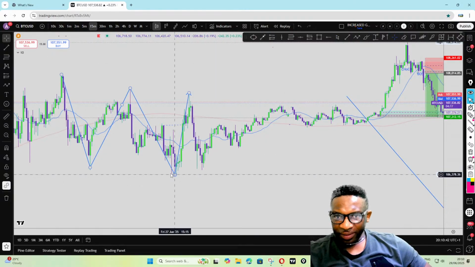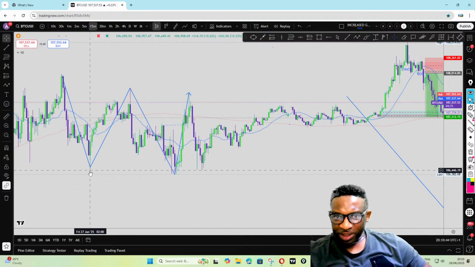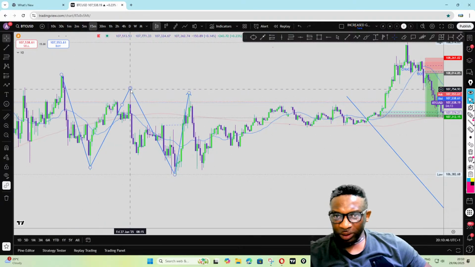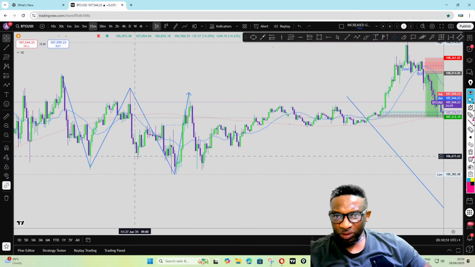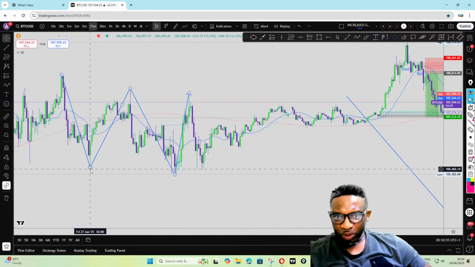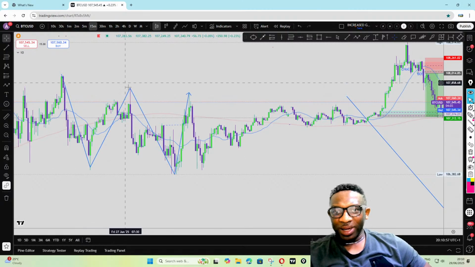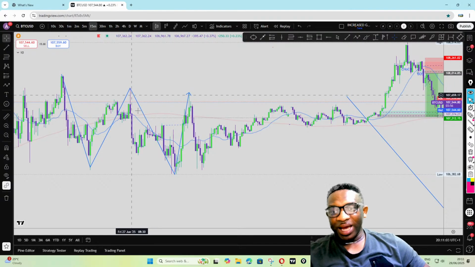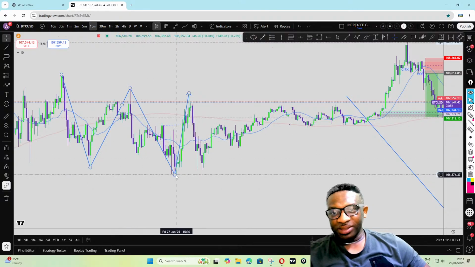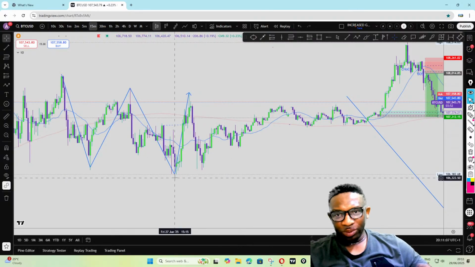From this point it made this low, made a lower high, came back to make... I didn't consider this because this one did not break below this point. So for us to have a proper downward trend, we are only considering the swing highs that make a new low as we move ahead.